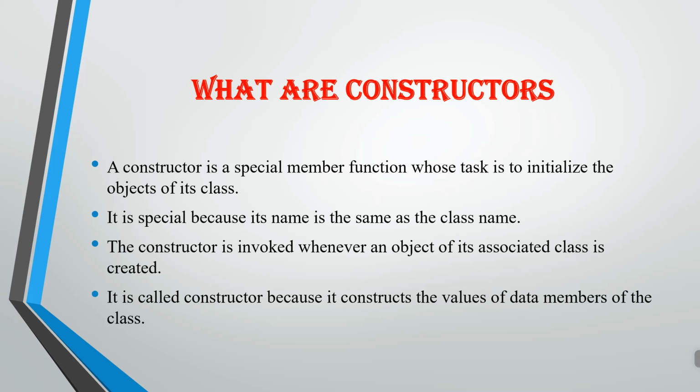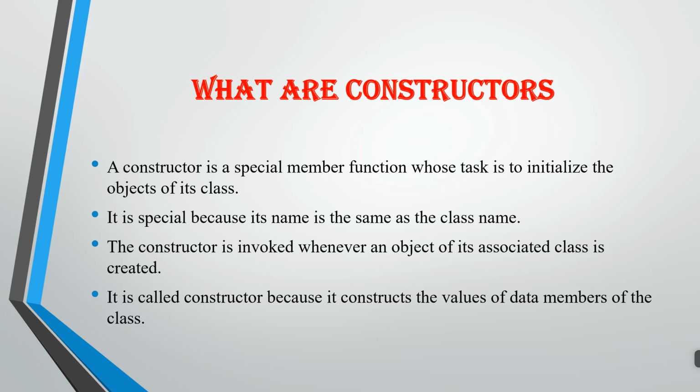And anywhere in the main function, we may define an object. But in all these cases, we never initialize the object. So here, if at all we want to initialize the object when an object is created, we have to use a constructor.